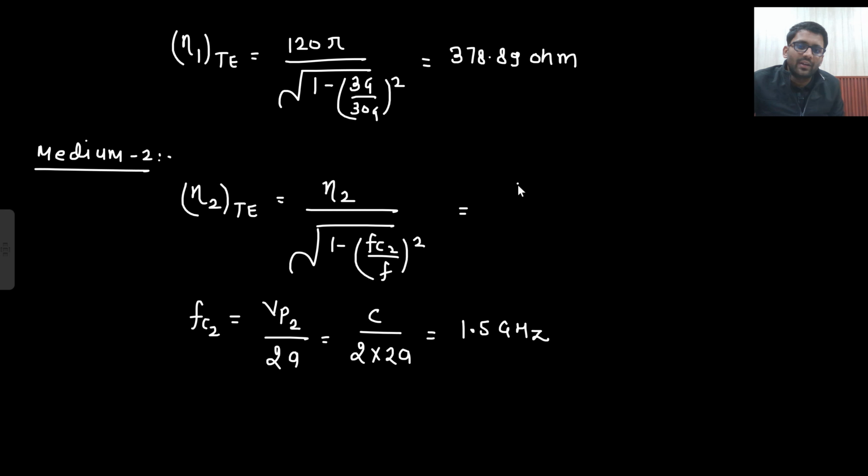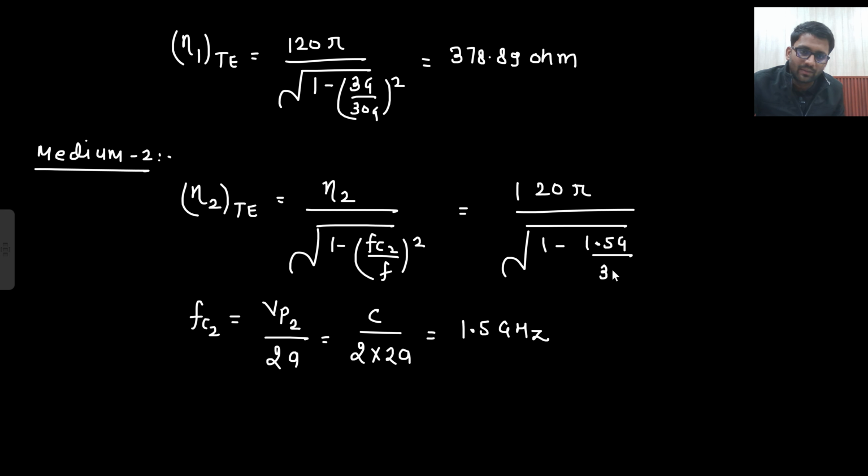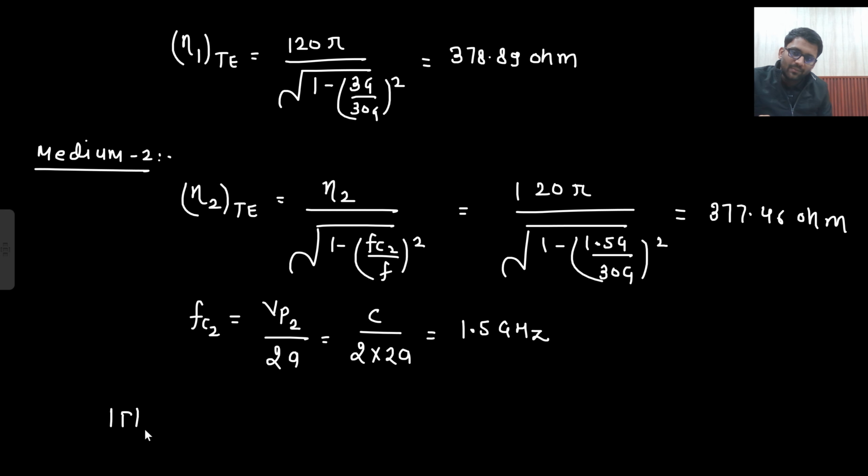So what will be the value you would be getting? 120 pi divided by under root 1 minus (1.5 gig divided by 30 gig) whole square. So 1.5 divided by 30 minus 1 plus minus under root reciprocal into 120 into pi. So 377.46 ohm.